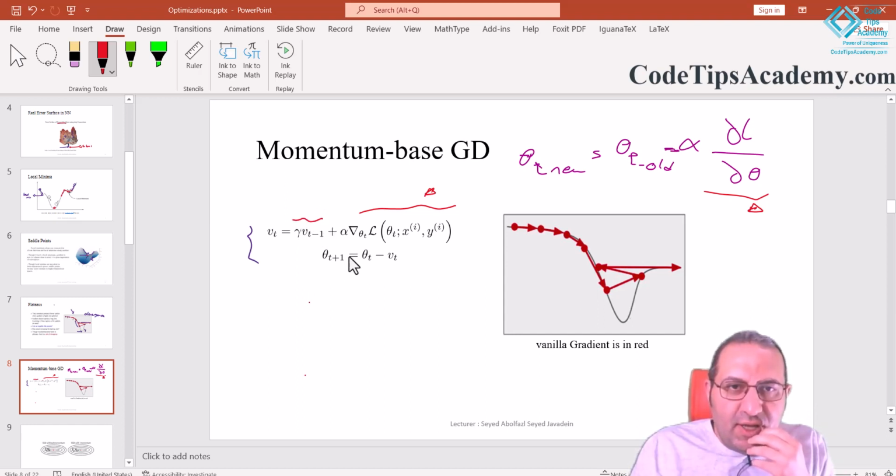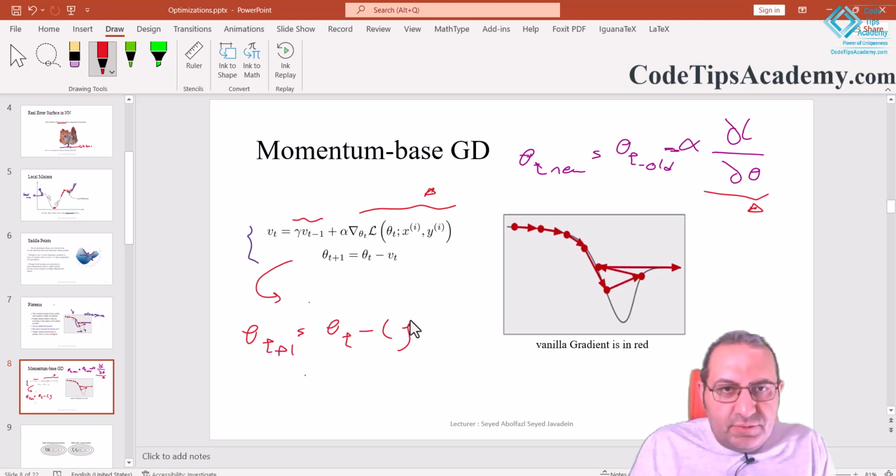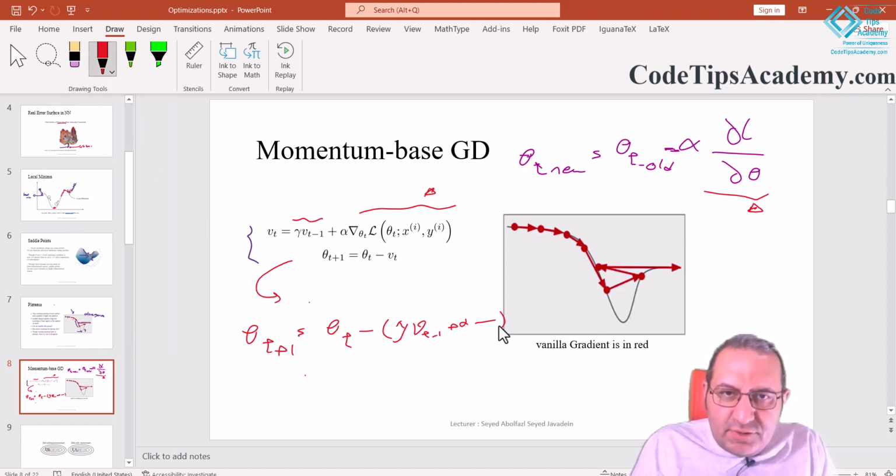This formula says that theta t equals theta minus this, and as you see, this term is the one that I marked with a star.